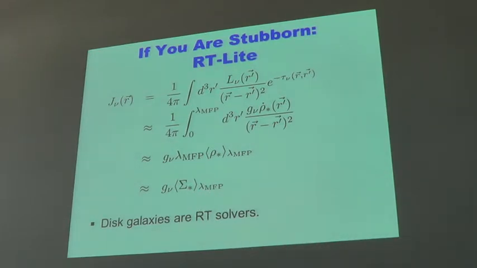So in fact, when these galaxies evolve, they work as radiative transfer solvers. All we need to know is the surface density of star formation within the region of the size of the mean free path, and that's your typical radiation field at a random location in that region. And that actually can be done very easily in modern codes.